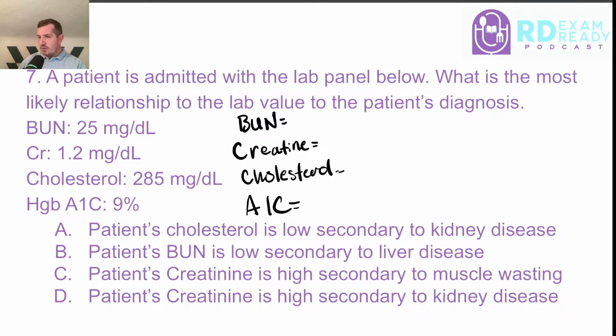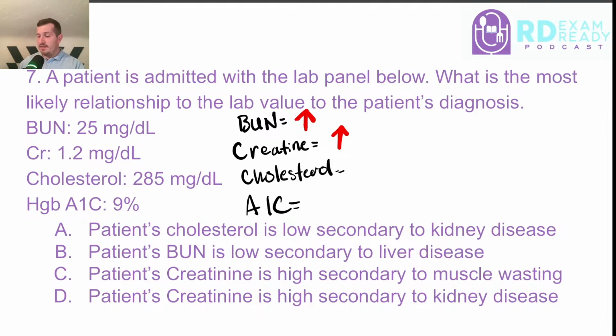Okay. So I would say this BUN, just based on appearances, feels a little high to me. Close, but just a little bit high. This creatinine is kind of close within range, but I would say it's probably on the high end, 1.2.